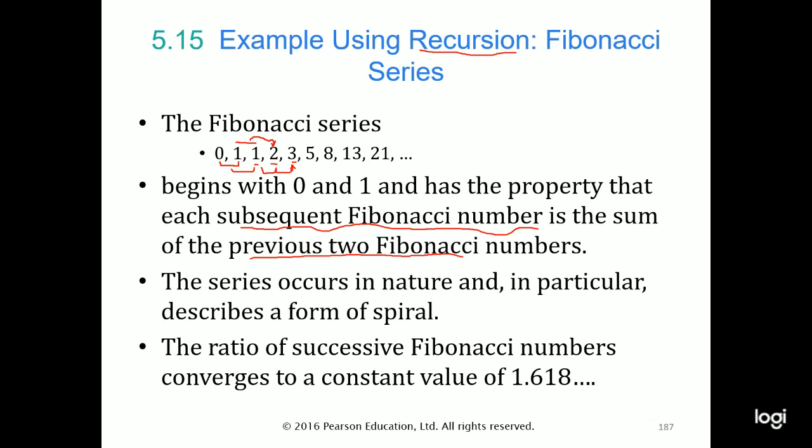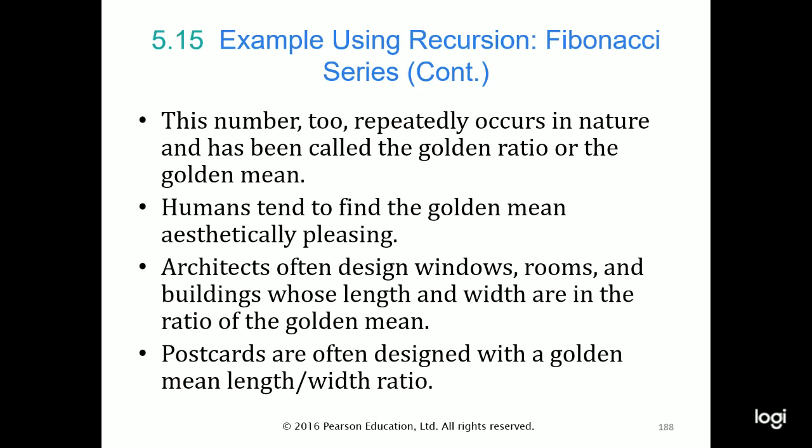Another property of the Fibonacci series is that they generally converge to a constant ratio known as 1.618. Successive Fibonacci numbers, numbers in successive locations right next to each other, converge to this ratio of 1.618. This number occurs really frequently in nature as well, and is called the golden ratio or the golden mean.